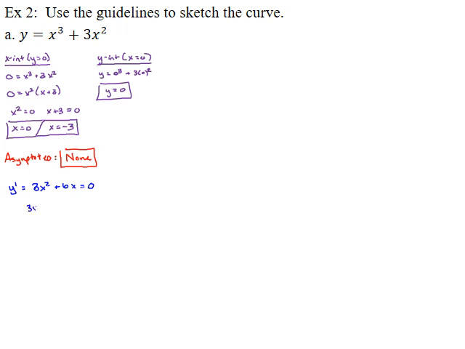They both share a 3x in common, so I'll factor that out to leave an x plus 2 left over. I can then set both of those factors equal to 0. So 3x equals 0, x plus 2 equals 0, and you get two critical numbers, 0 and negative 2.